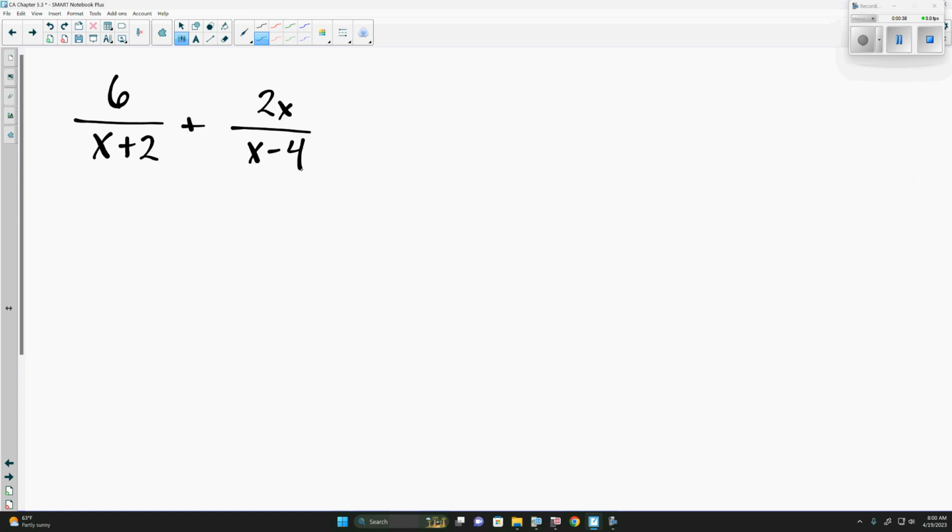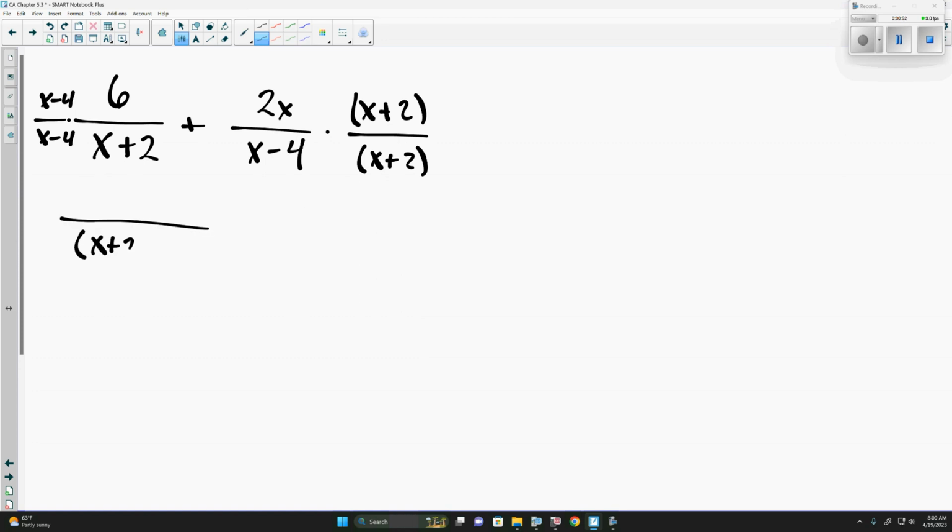We would get the denominators to be the same, so for the one on the right, we would multiply by x plus 2 over x plus 2. The one on the left, we'd multiply by x minus 4 over x minus 4, giving us a common denominator of x plus 2 times x minus 4.